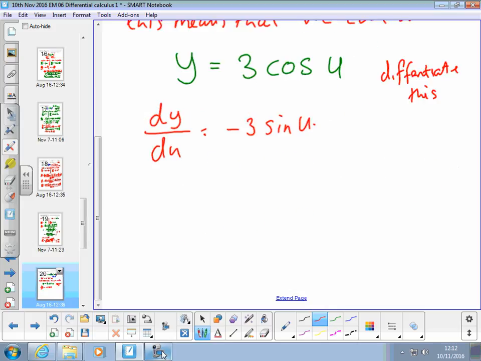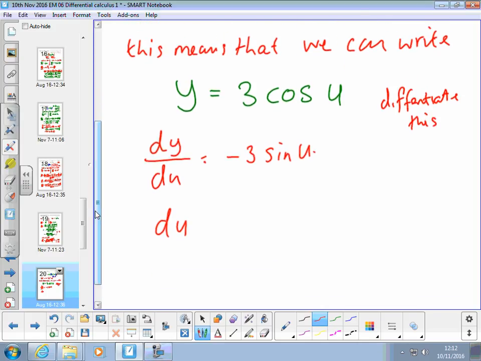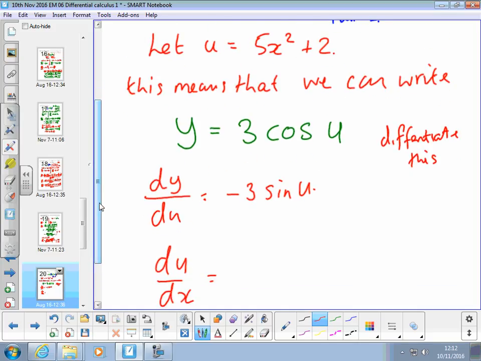We also need to find, as you rightly say, du by dx. That's differentiating that one.